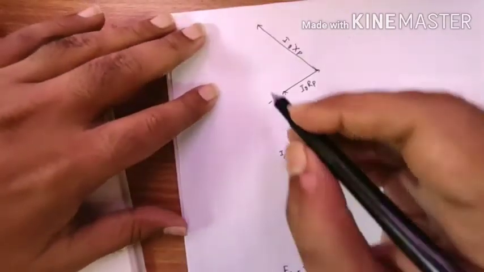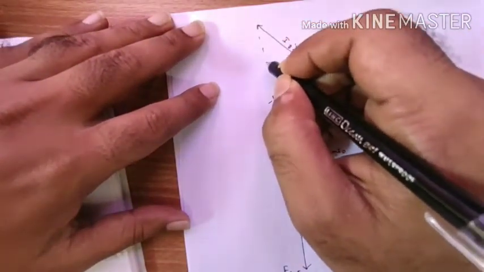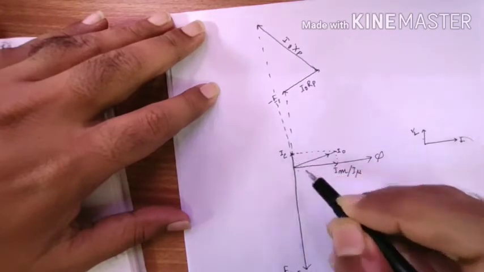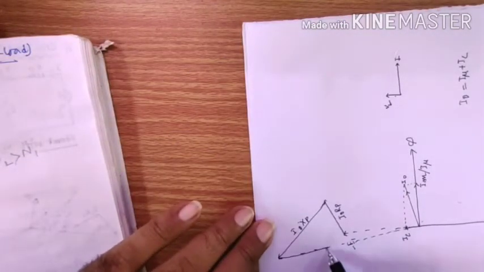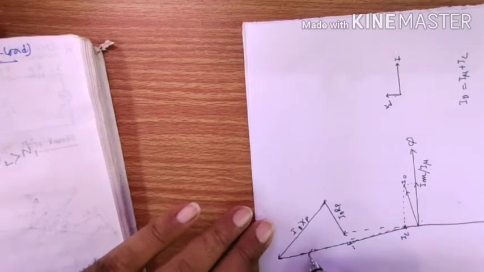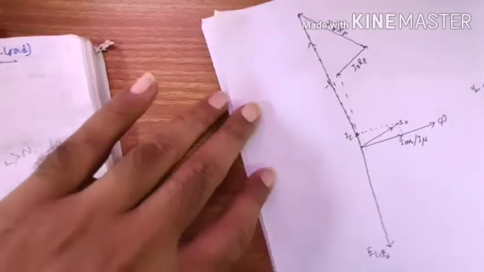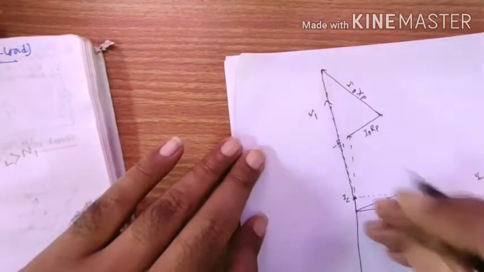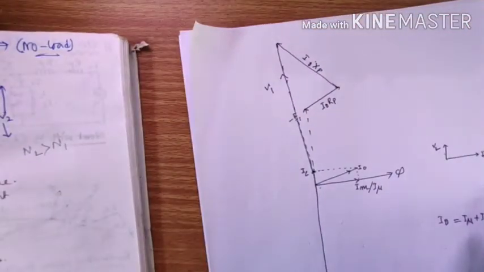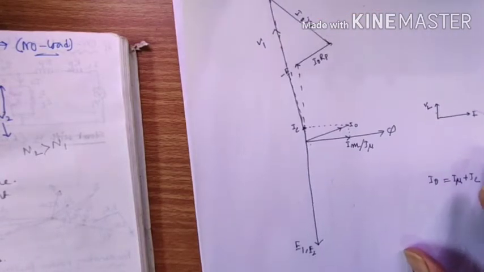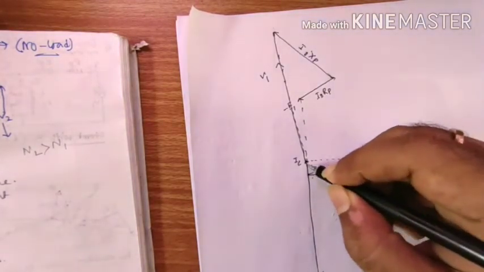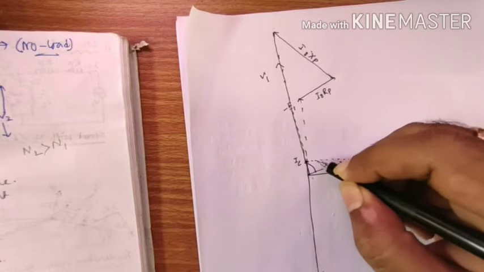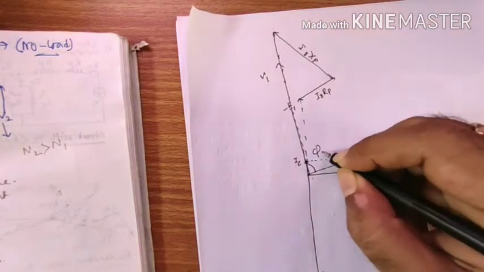So if I add this one, maybe this line, what does this line represent? It represents V1, the given excitation to the primary winding, and the phase difference between these two is called phi 0.